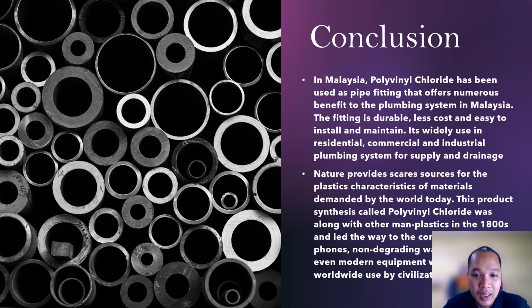This product, synthesized as polyvinyl chloride, along with other main plastics in the 1800s, led the way to the computer, cell phone, non-degrading water pipe, and even modern equipment currently widely used by civilization.